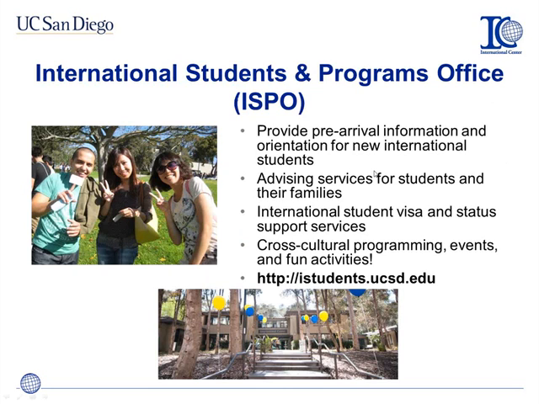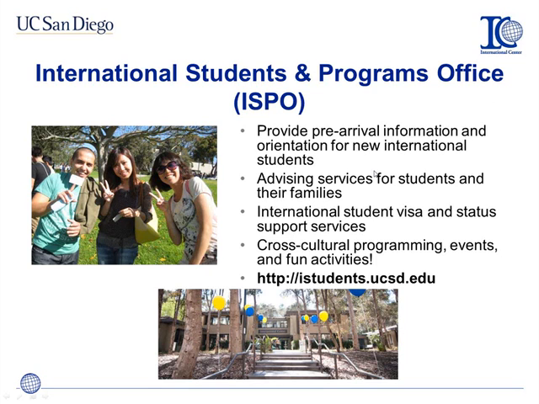During the last year, the UC San Diego International Students and Programs Office served nearly 3,800 international students at UC San Diego from more than 80 different countries. We provide pre-arrival information and orientation for new international students, as well as advising services for you and your family.